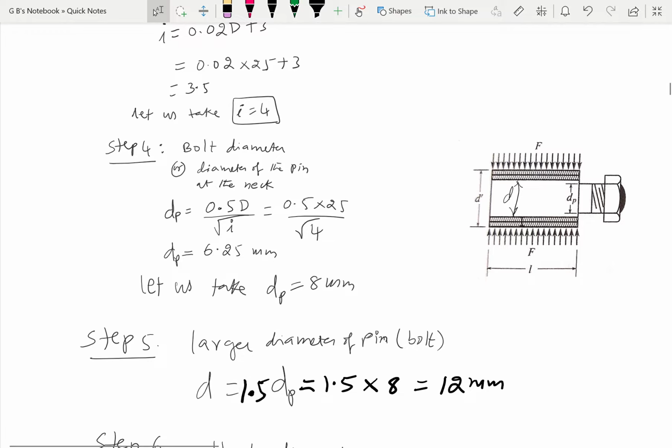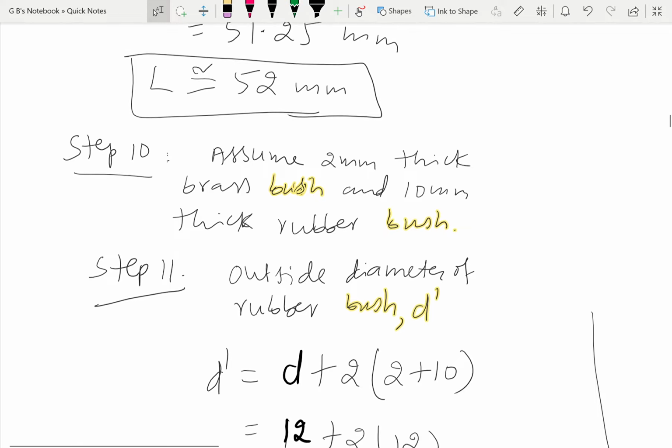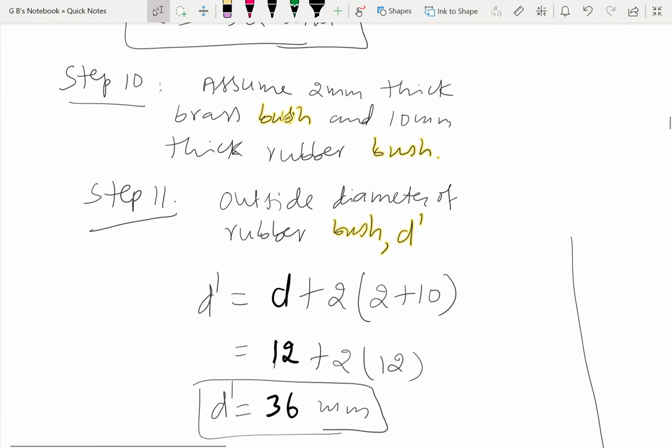So from here to here is the brass bush thickness, from there to there we have the rubber bush thickness. So thickness for the brass bush can be taken as 2 mm and for the rubber bush as 10 mm. Standard values, minimum say rubber bush thickness is 10 mm and this one 2 mm we considered.